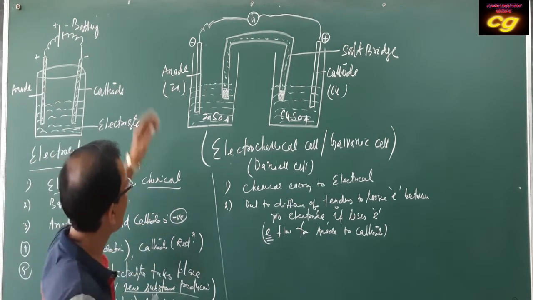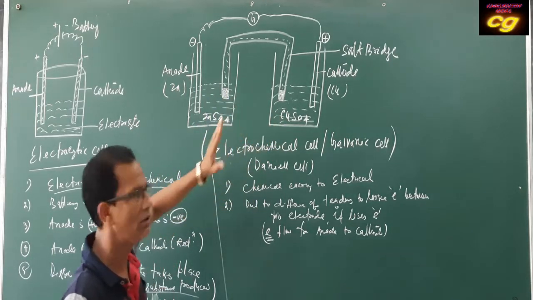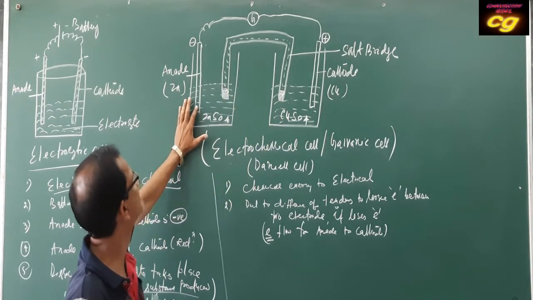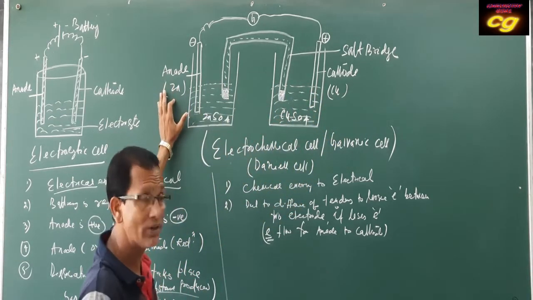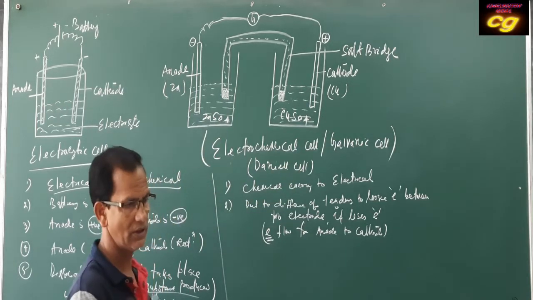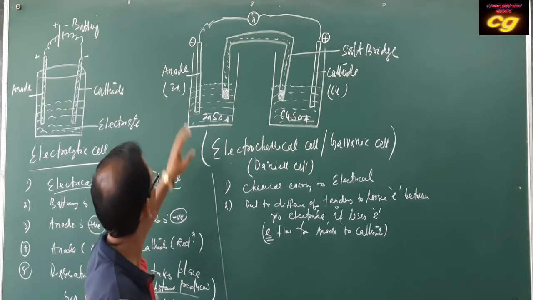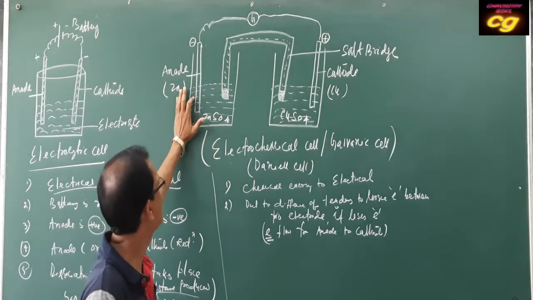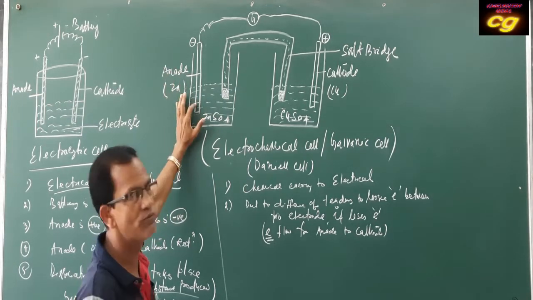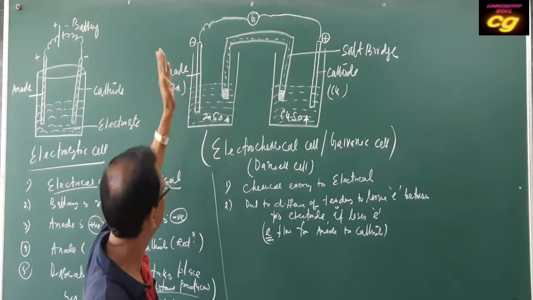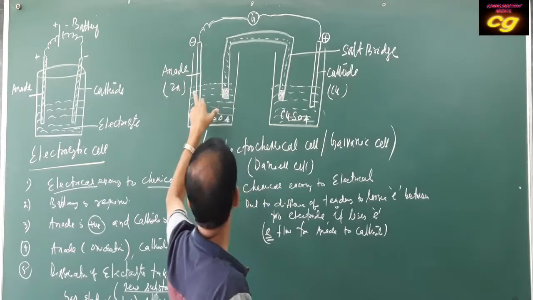Here what happens? As zinc is more reactive than copper, the anode is zinc and the cathode is copper. As zinc is more reactive than copper in terms of tendency to lose electrons, zinc is losing electrons, and the electrons produced from zinc will be attracted towards copper due to its higher tendency to accept electrons compared to zinc.